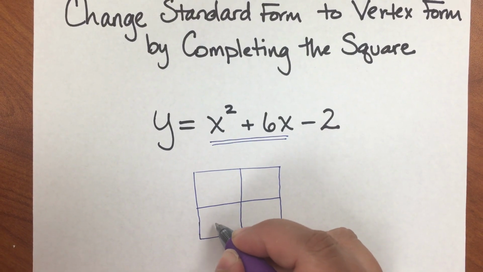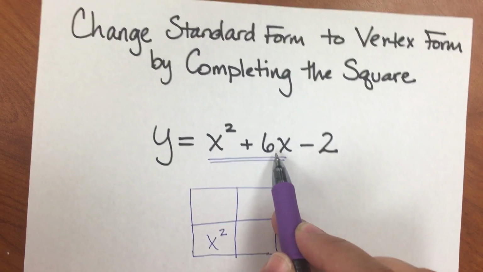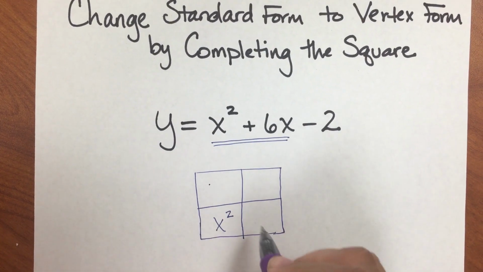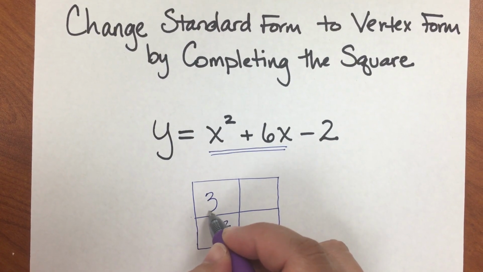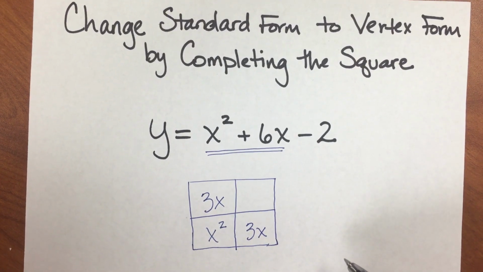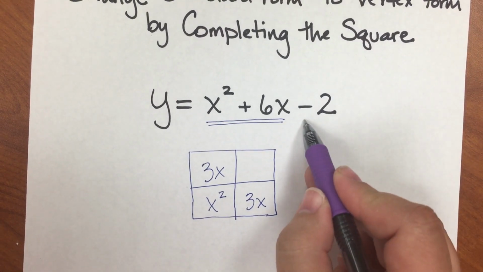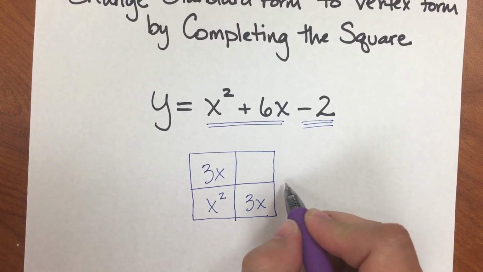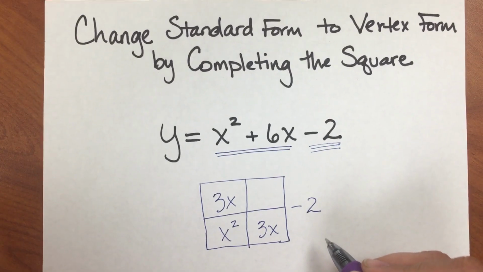Since I'm forcing it to be a square, that means that these 6x's have to be split evenly between these two boxes on my diagonal. So I'm going to have 3x here and 3x here, because 3 and 3 is 6 when I add them together. This extra, my constant, I'm going to put outside of my square.